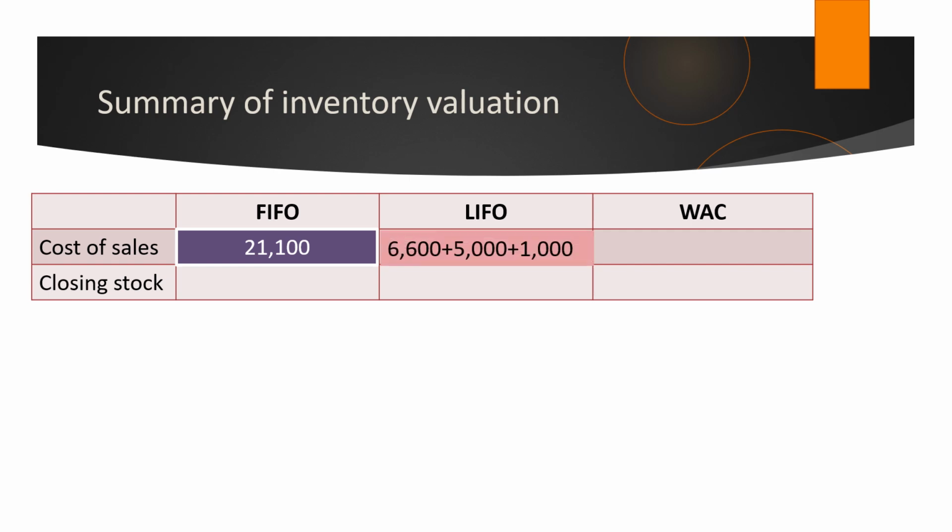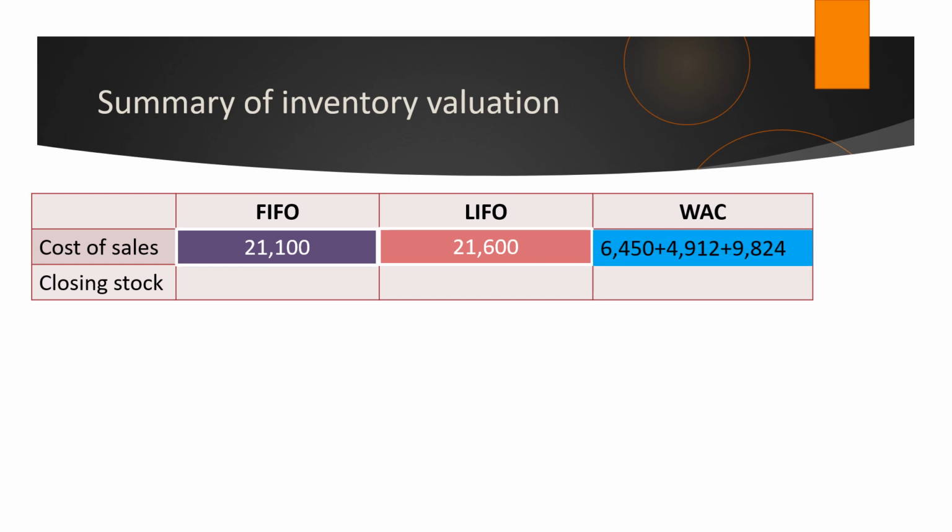So by adding the issue cost of LIFO, the cost of sales figure is 21,600. By adding the cost of issue, the weighted average cost of sales is 21,186.